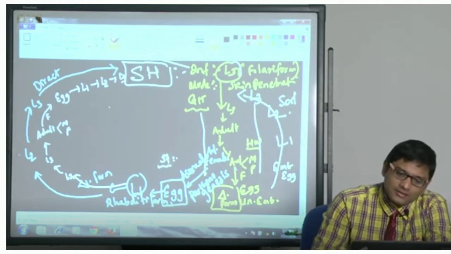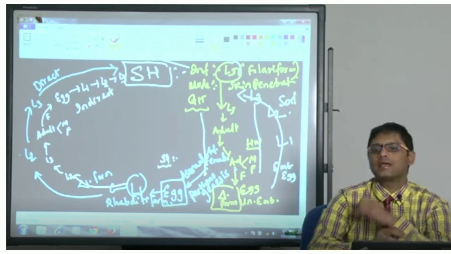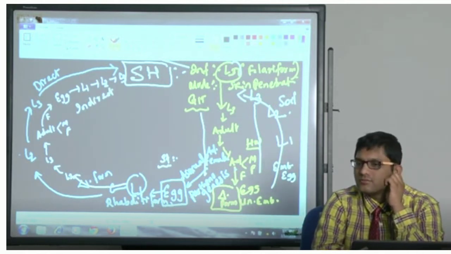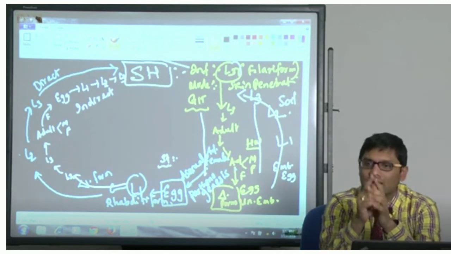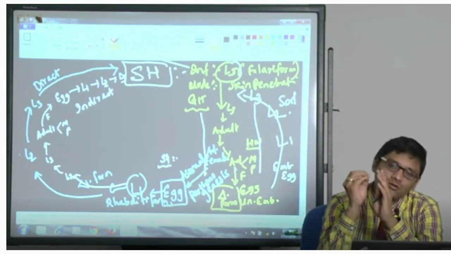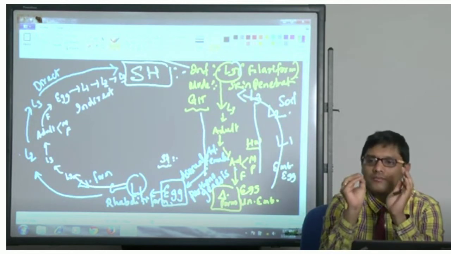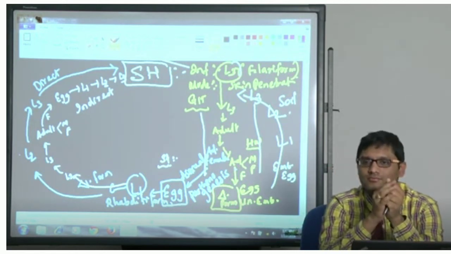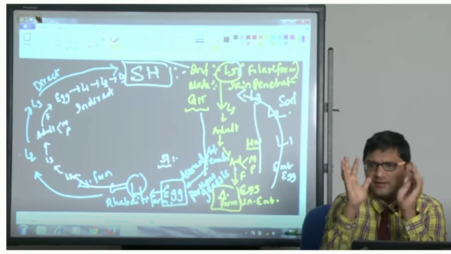This is called the indirect environmental cycle. Only in the indirect cycle are males there; otherwise, Strongyloides males are the most useless living structures of the world. They are the most neglected.